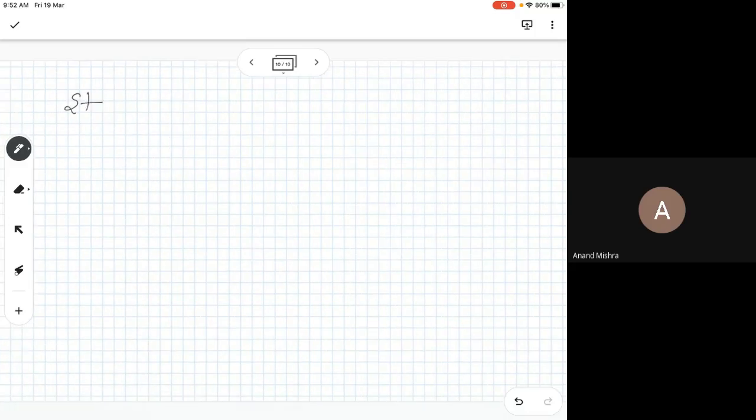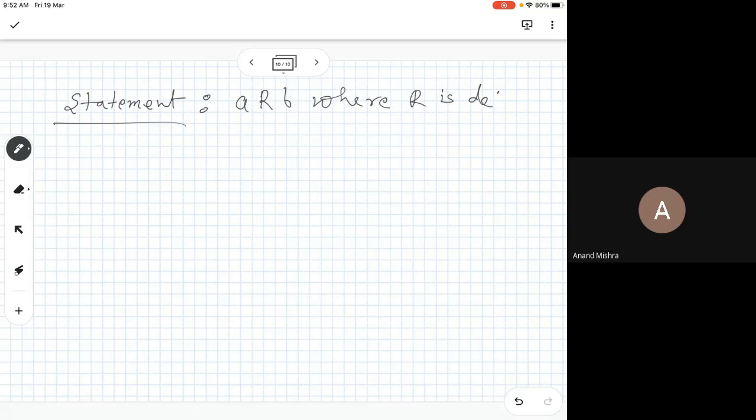The statement is: R is defined over G, the set of integers, such that A is related to B if A plus B is even.